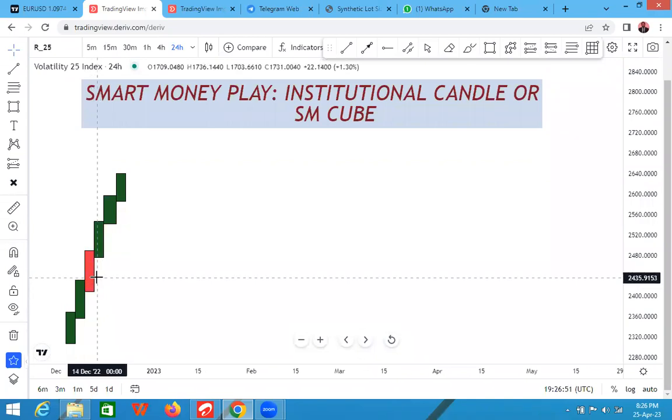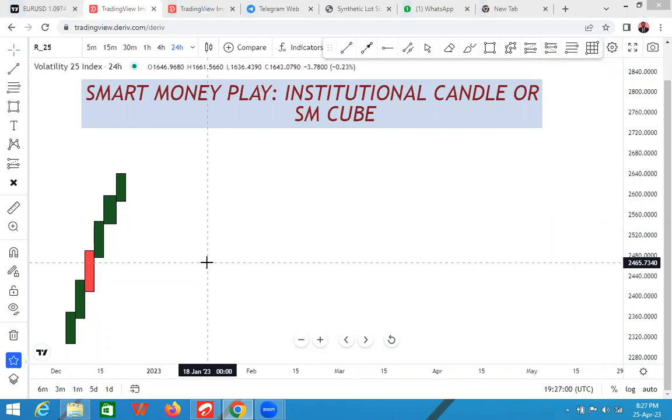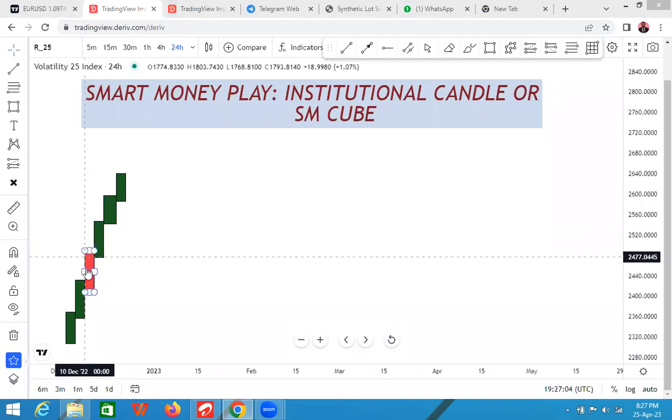Remember, in Forex, when we talk about liquidity, we're not talking about where stop losses are taken. Liquidity simply means money. Liquidity means orders, the volume of orders in the market. So this candle is a liquidity candle on its own.